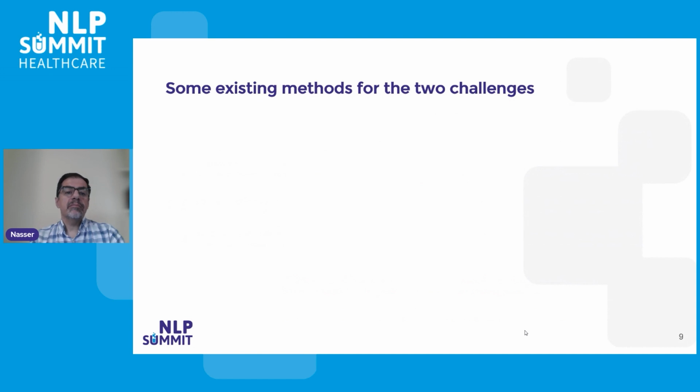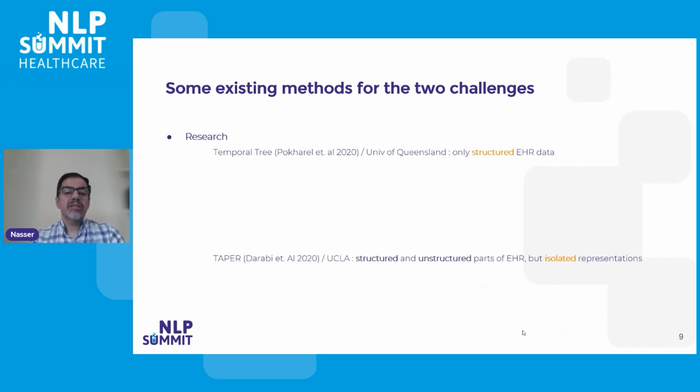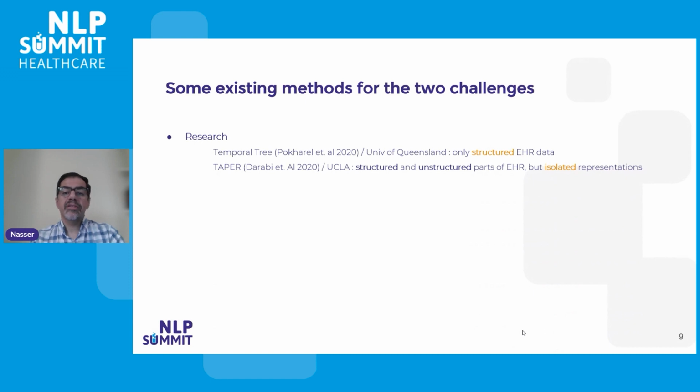There are many existing methods for the two challenges. There are many methods for extracting data, both structured and unstructured, and for the temporal aspect. Selected research works are Temporal Tree, developed at the University of Queensland.